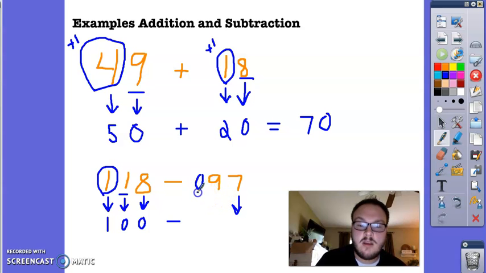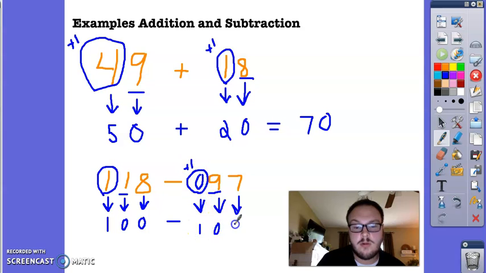So again, circle my number in the hundreds place, underline the one next to it. I see that I follow my rule of 5 or more or 4 or less. 9 is 5 or more. So we know I'm going to need to add one more up here. So I have 1, 0 it out. So I can see that my difference is going to be 0.